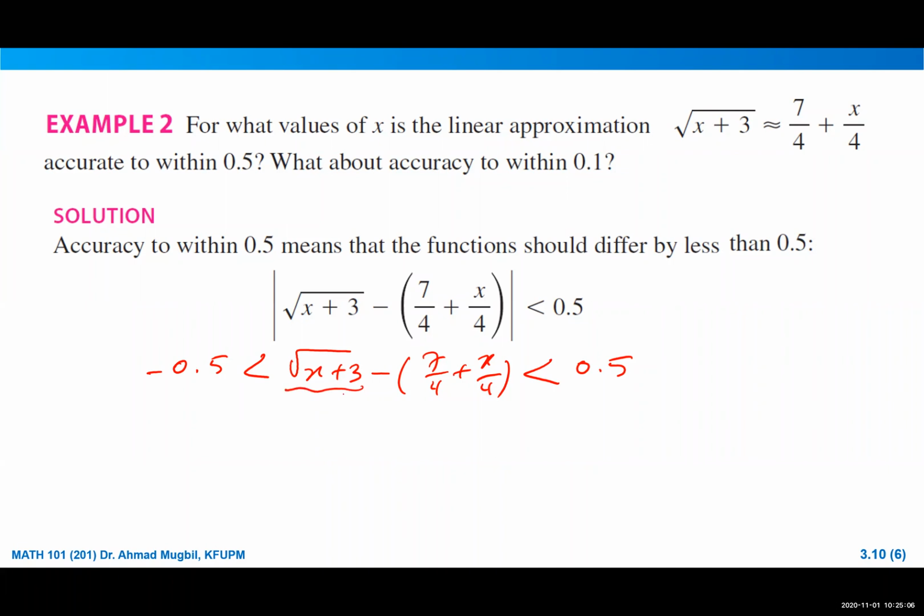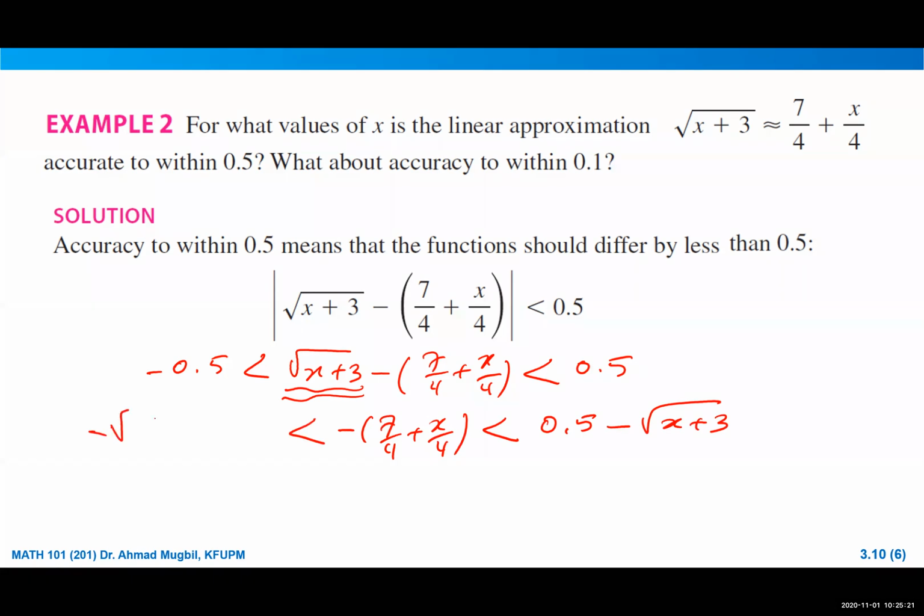Now let's add or subtract this from the 3 sides. So what will we have? Negative 7 over 4 plus x over 4 less than 0.5 minus square root of x plus 3. Here it will be greater than negative square root of x plus 3 minus 0.5.